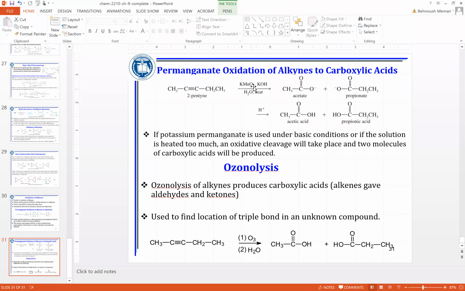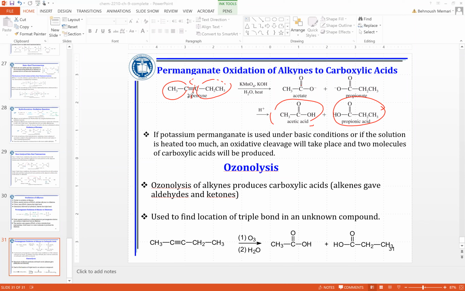If it's hot permanganate in a basic solution with heat applied, it is going to do oxidative cleavage, basically cutting through the carbon-carbon triple bond, and each carbon is going to have 3 bonds to oxygen, because you're cutting 3 bonds. When you hydrolyze it, it's going to give you 2 carboxylic acids. How many carbons each carboxylic acid has depends on how many carbons you had on the left and right side of this carbon-carbon triple bond.